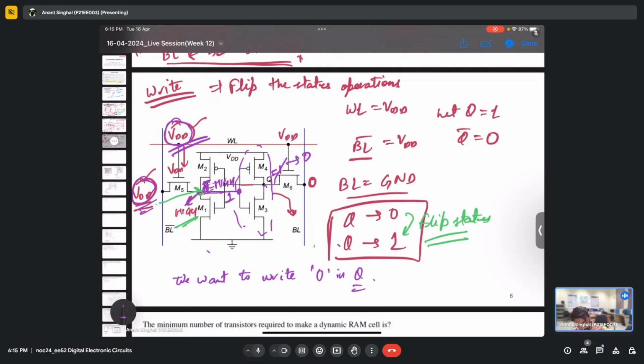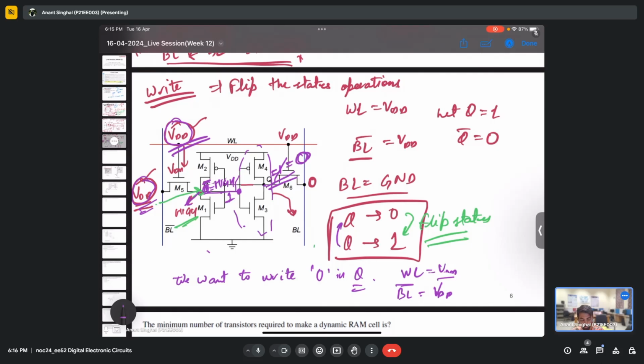So this is the case for this. I have explained the second case. Now we have written 0 here. To write 0, we made the word line VDD, and also the bit line, sorry, bit line complement as VDD. So once we have this 0, this is how it is written.